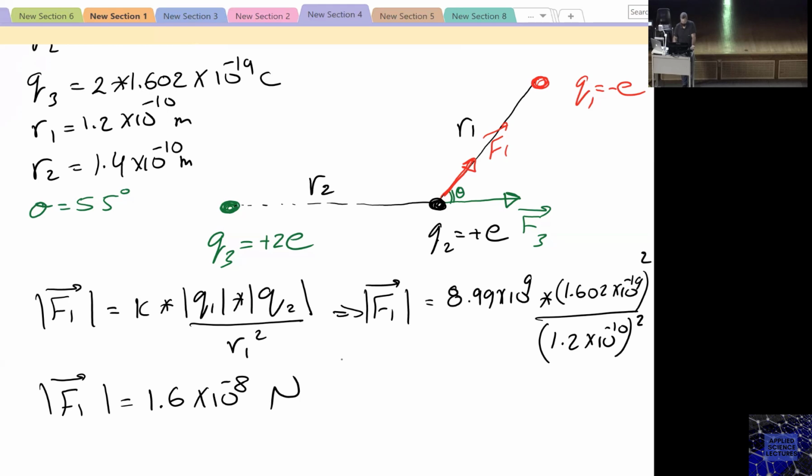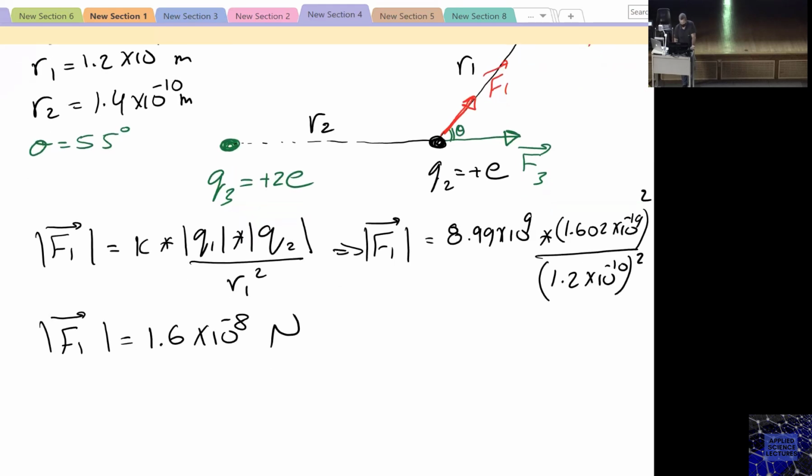Right? So this is F1. What about F3? F3 magnitude is K times, what charges go into the F3 equation? Q2 and Q3.